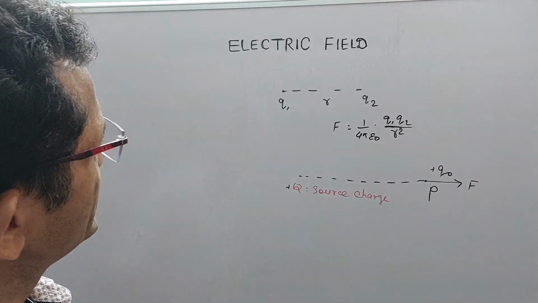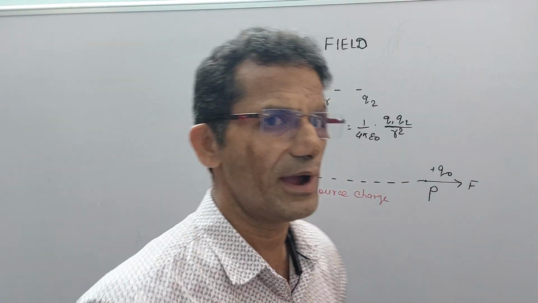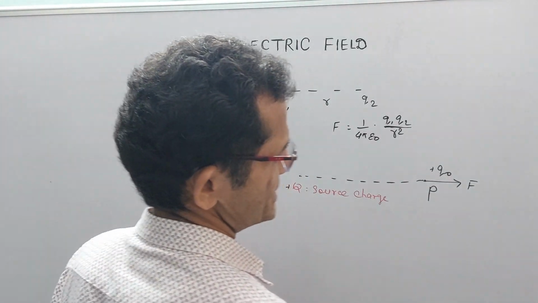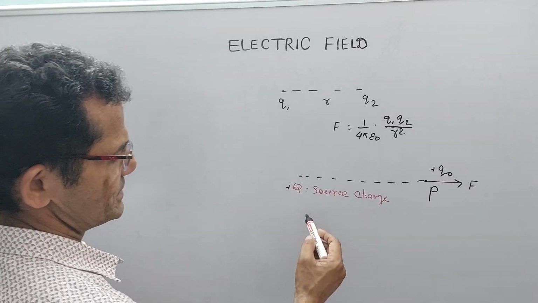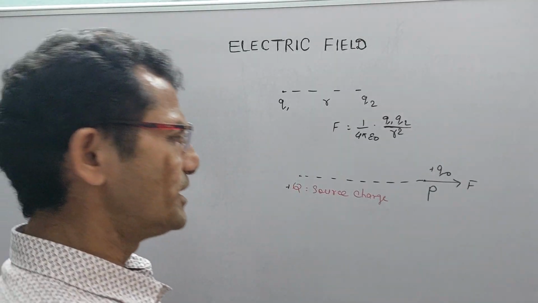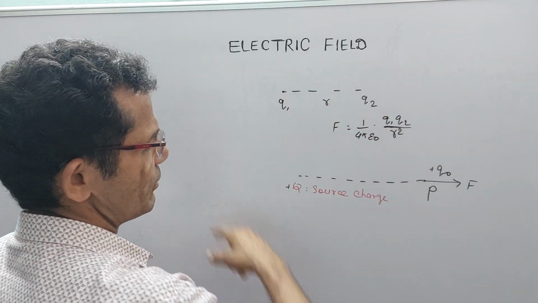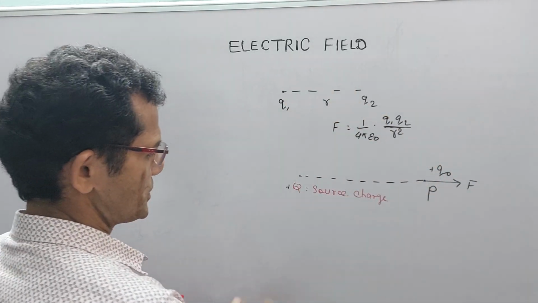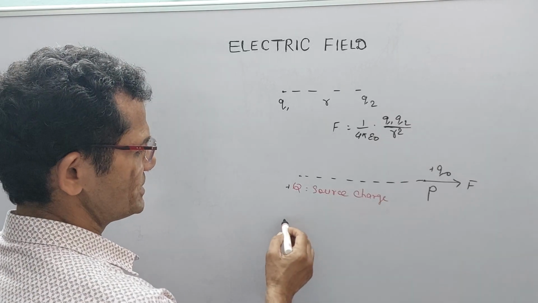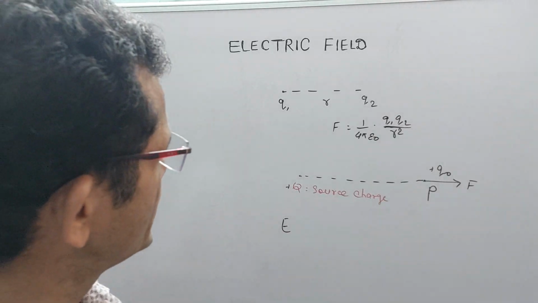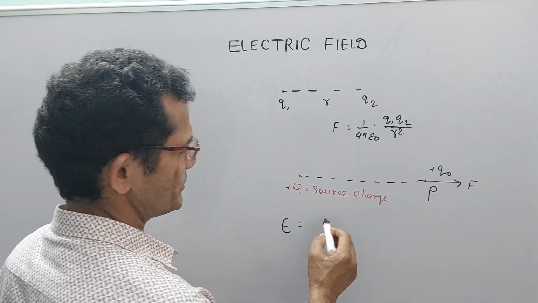So in the case of the electric field, we can define the electric field as the force experienced by a unit charge when placed in the field of the source charge Q. By definition, the electric field, which we generally represent by E, is the force per unit charge.